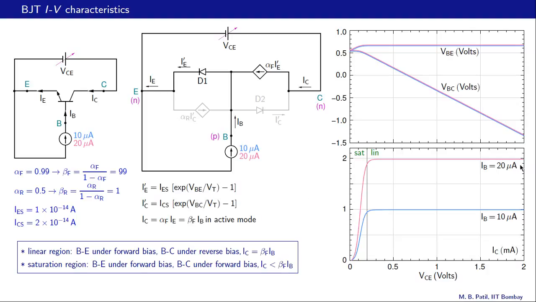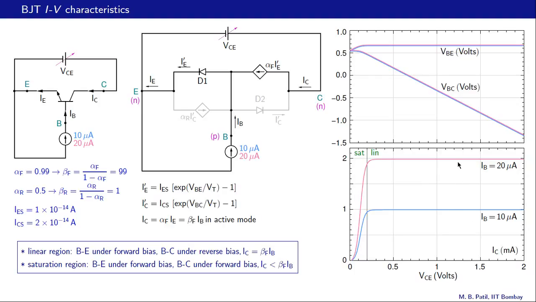That is the IC VCE curve now for 20 microamps. And we see that it has not really changed much in many aspects, except in the linear region, IC has become approximately 2 milliamps, and for 10 microamps it was about 1 milliamp.